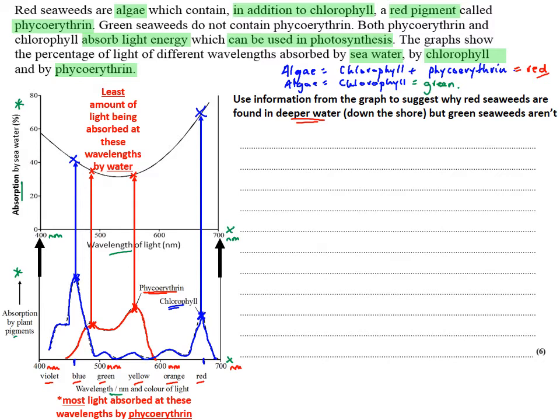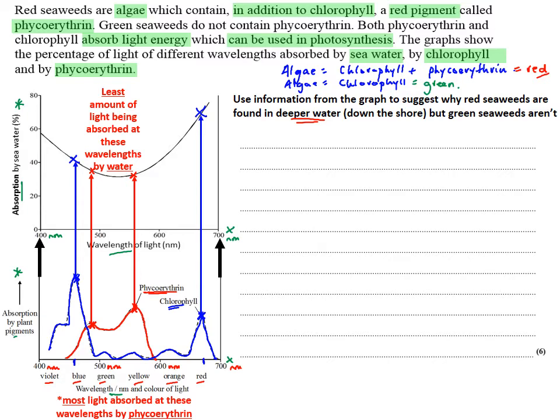So chlorophyll, if that was in the thylakoid membranes of the red algae, it would not be able to absorb the red and the blue light as easily, because the red and the blue light is being absorbed by the water, which means it can't penetrate through the water.